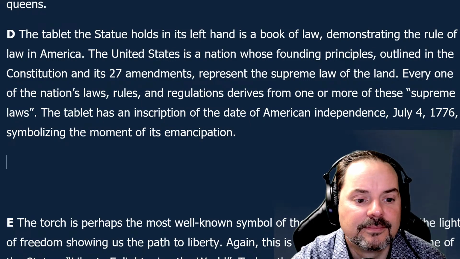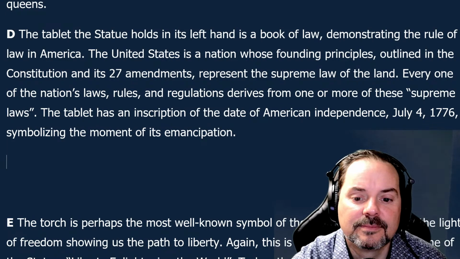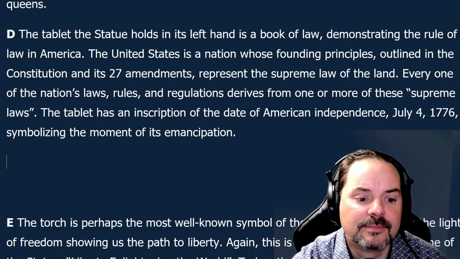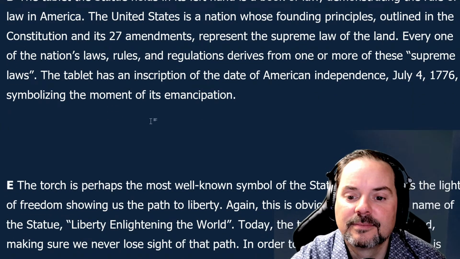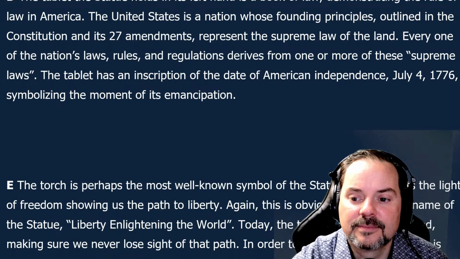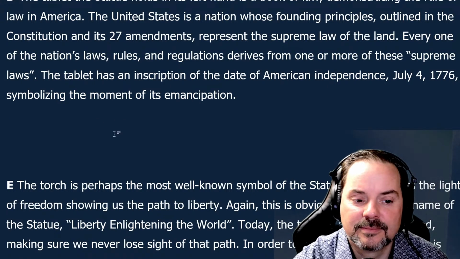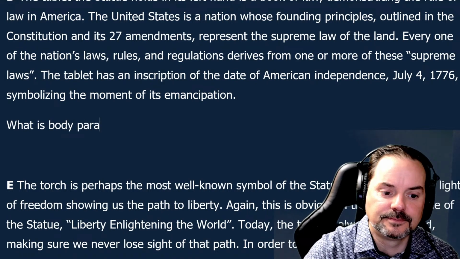Every one of the nation's laws, rules, and regulations describe one or more of these supreme laws. The tablet has an impression of the date of American independence, July 4, 1776, symbolizing the monument of its emancipation.